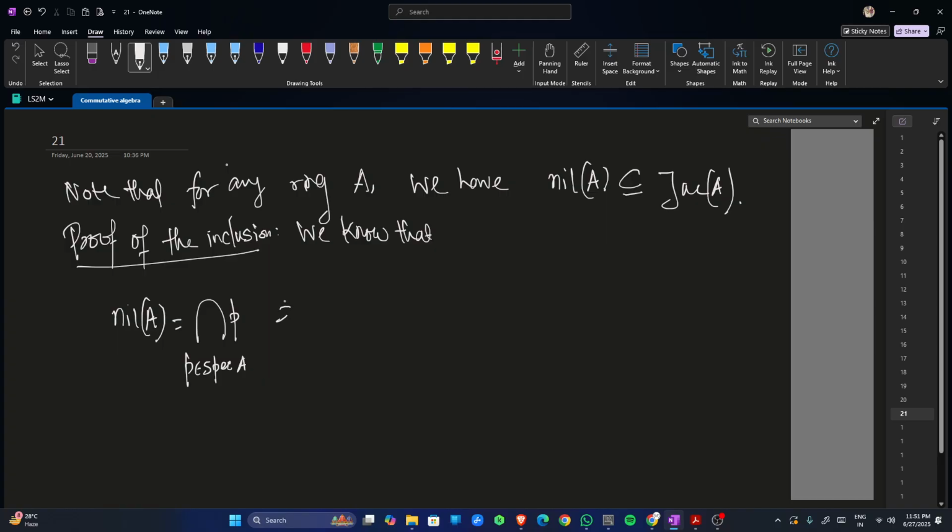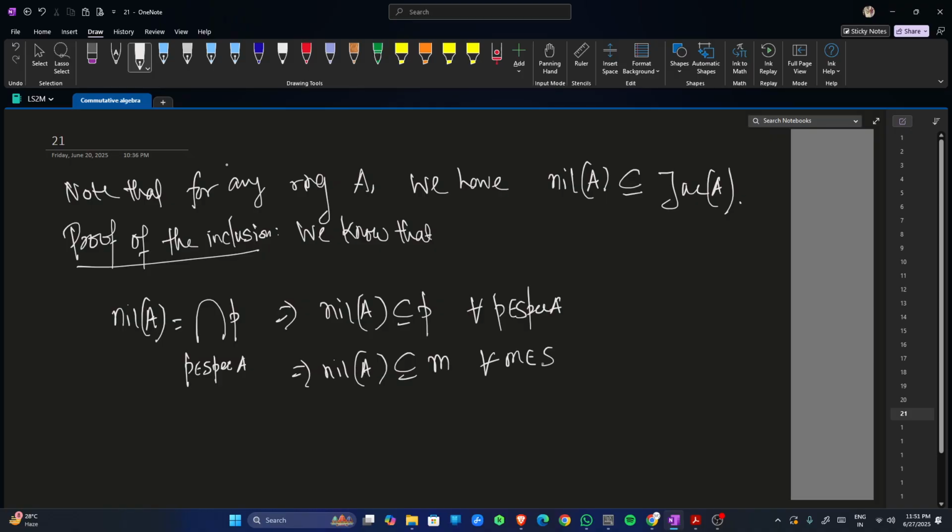That is, nil A is contained in P for all P in spec A. That implies nil A is contained in M for all M in max spec A, since any proper ideal is contained in a maximal ideal. We are using that fact.